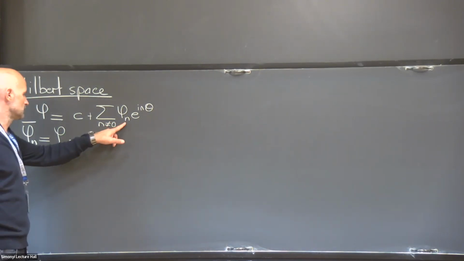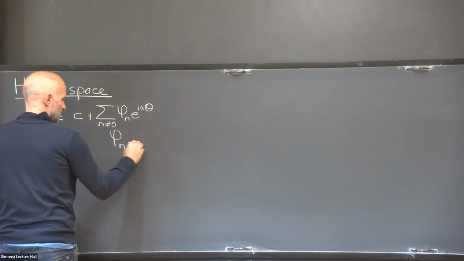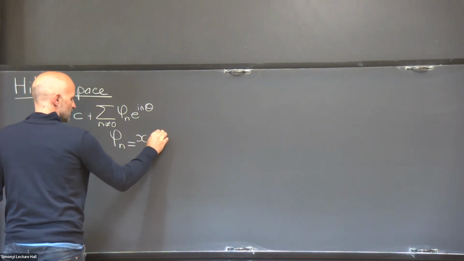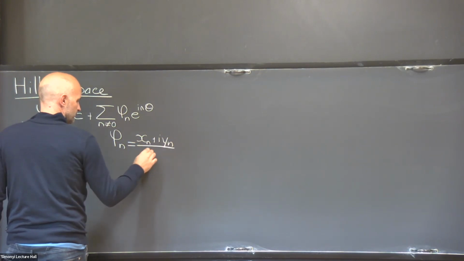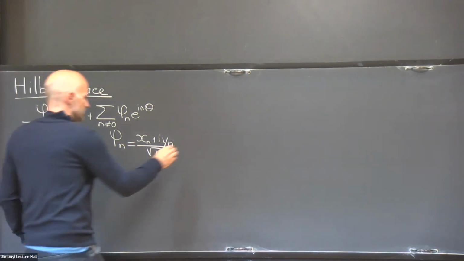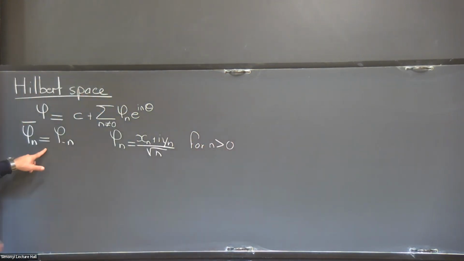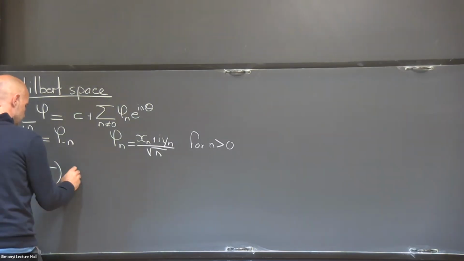So here, this φ_n, I will write them as x_n plus i y_n. So x_n and y_n are real coefficients for n positive. Okay, and for n negative, you use this relation to parameterize your coefficient. Okay, so the space I will be interested in is the Sobolev space, say H^{-s} of T, where T is the unit circle.